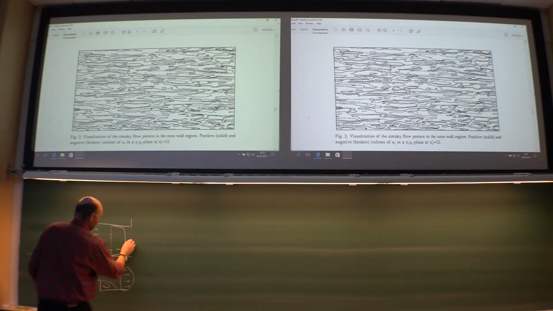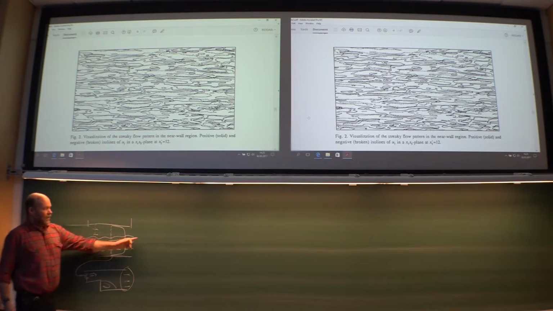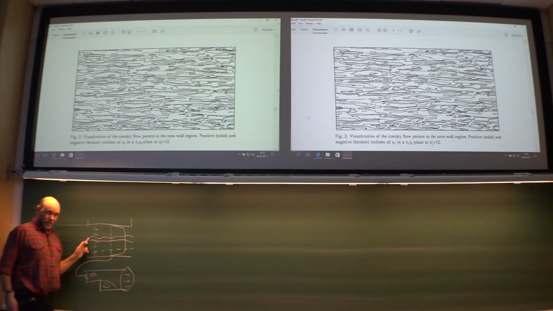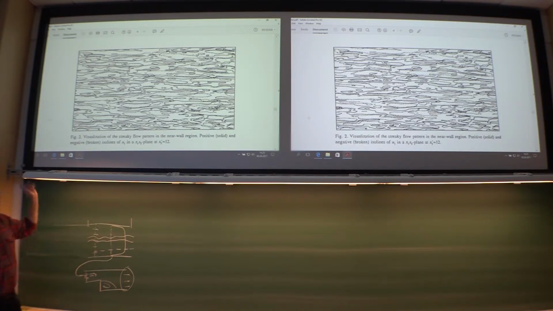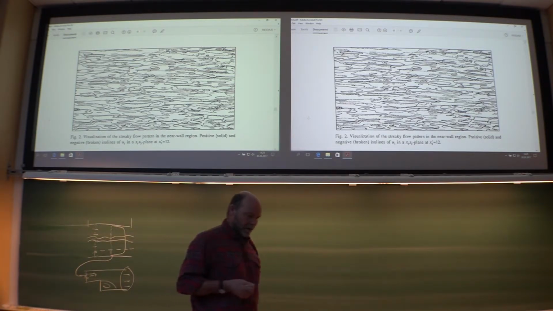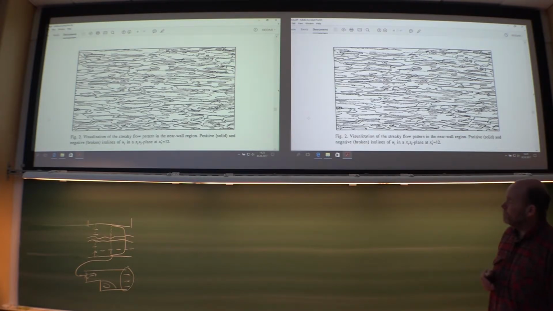If you have one streaky structure that is so long that it goes straight through the entire channel, it will sustain itself and be enhanced unphysically. So these streaky structures are typically no more than, say, 1,000 plus units, but that means you need a domain that is at least 2,000, and here I had 4,000, so it was okay.